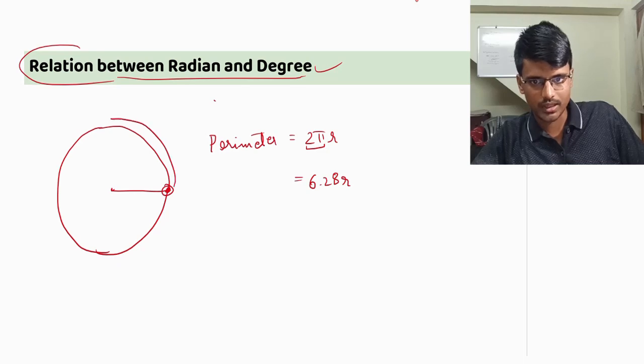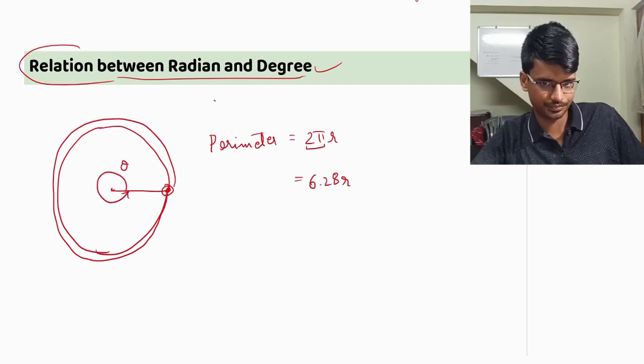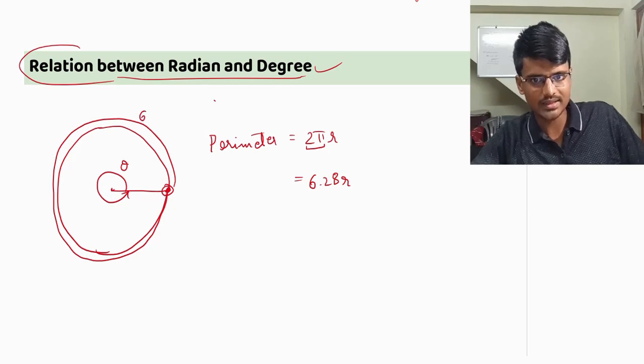So if I start from this point and take a complete rotation and come back here, I'll get some angle here. This angle let me call theta. Because this arc length is 6.28 r, that means this theta will be equal to 6.28. Am I right with our logic? Right.